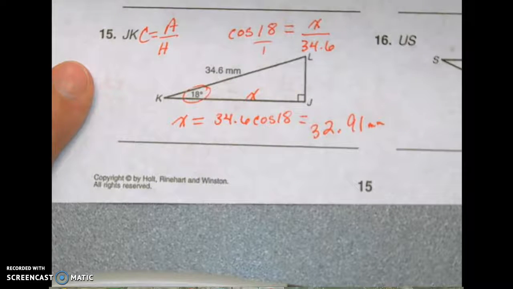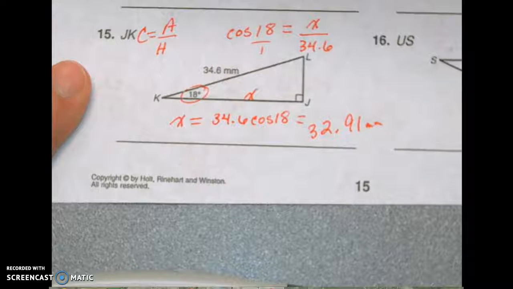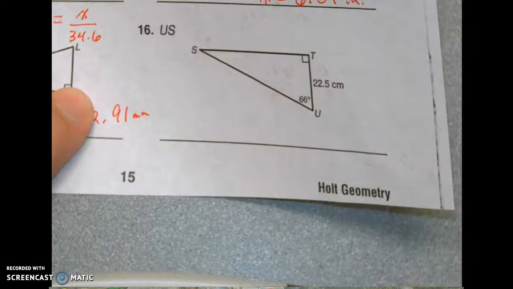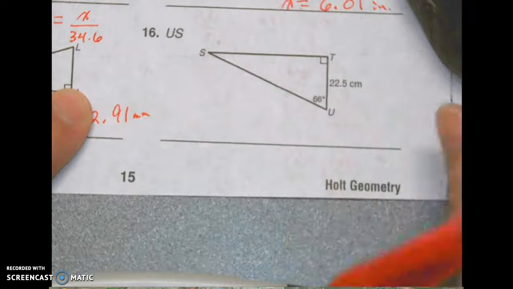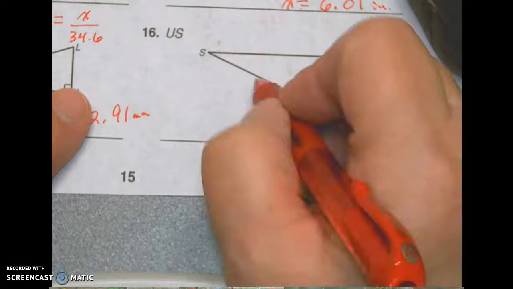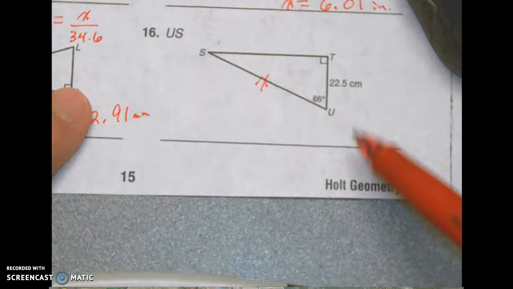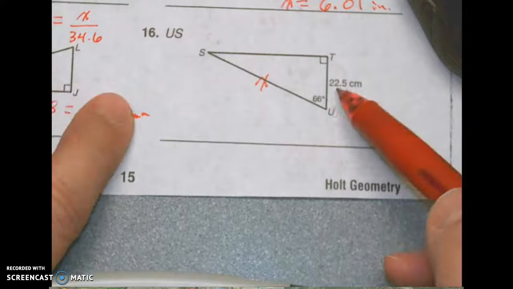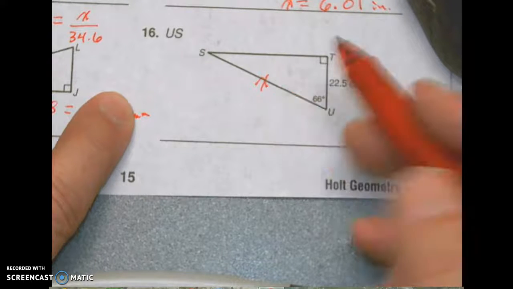The last problem that we're looking at in this reteach, I want to find the length of segment US. So there's my x. I notice where my angle is, 66 degrees. I notice I have an adjacent and I'm looking for a hypotenuse.